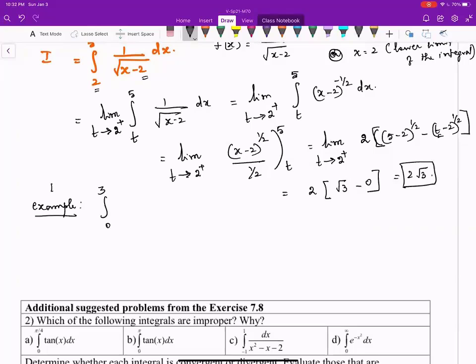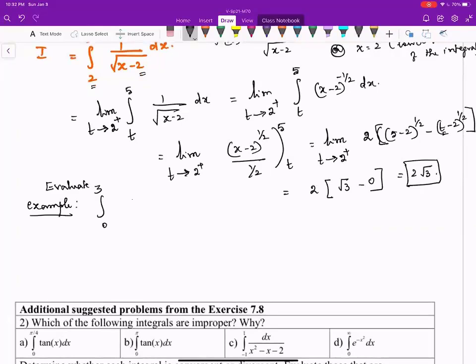Evaluate the integral 0 to 3, 1 over x minus 1 dx. So here, if you look at the problem, there is a discontinuity at 1. So f of x, which is equal to 1 over x minus 1, is discontinuous at x equal to 1.